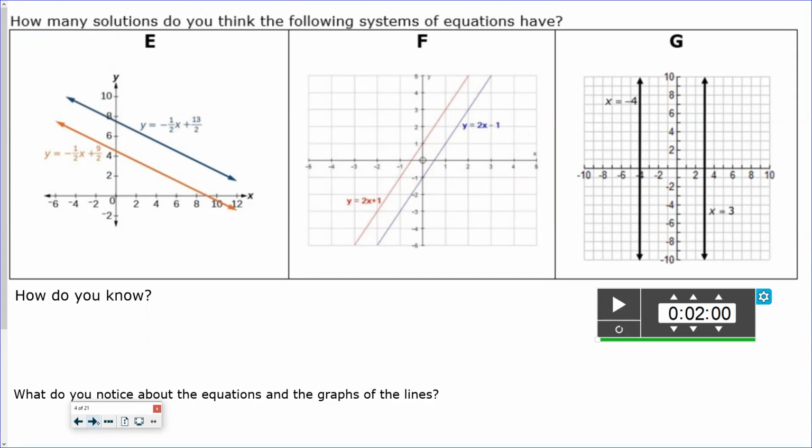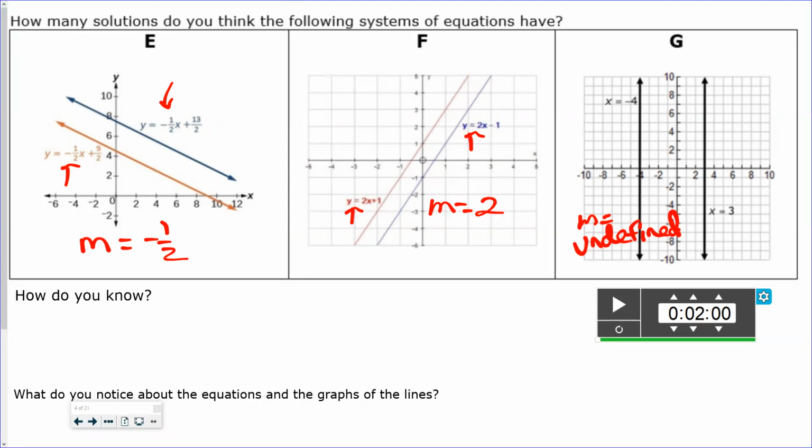And at no point will they, because notice each of their slopes. For each pair, the slopes are exactly the same. My slope for both of these is -1/2. My slope for these is 2. My slope for these is undefined. All of them, my slopes are the same.